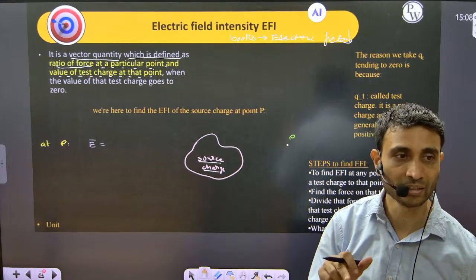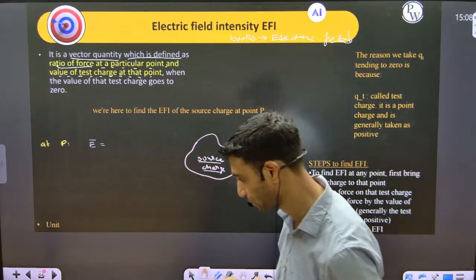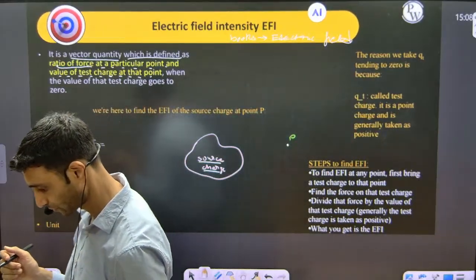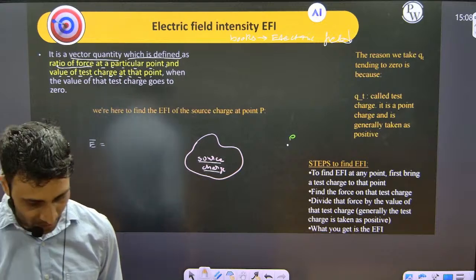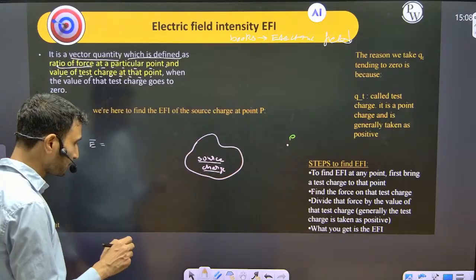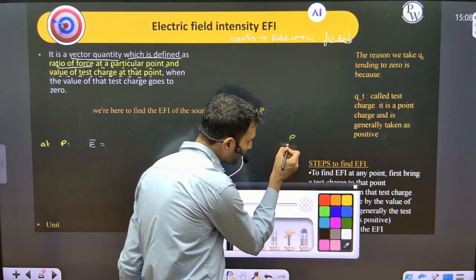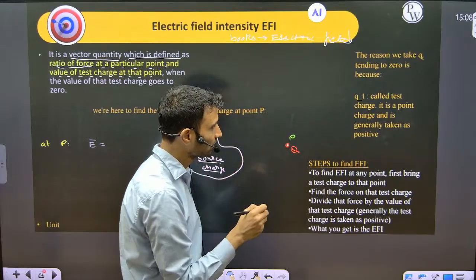How to find out the electric field at point P, I'll tell you now. Listen to what I'm going to do. The first step is to get a charge here, call it QT.